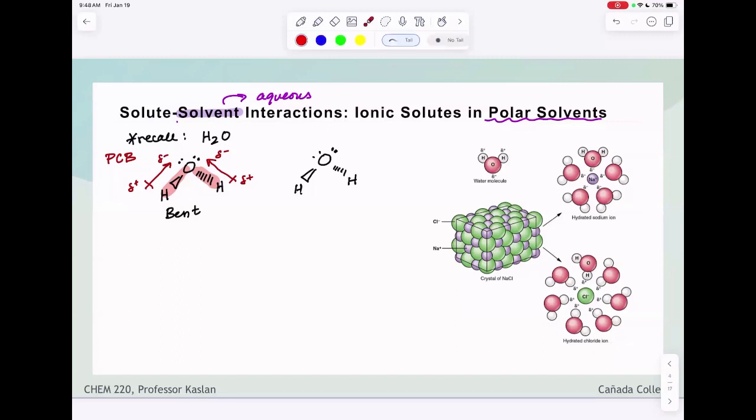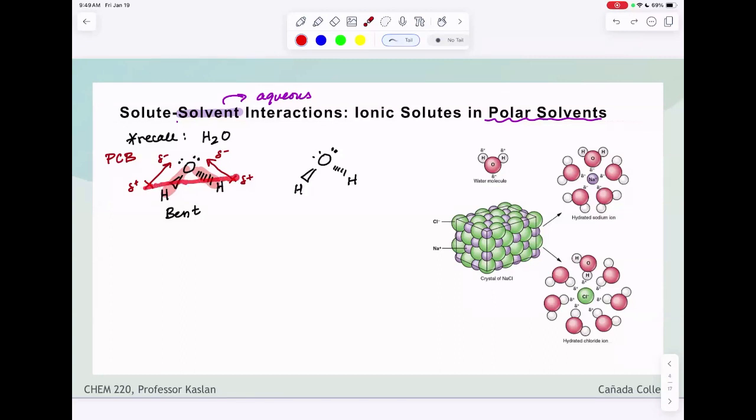Notice both of these dipole moments are pointing up. If I were to break these vectors up into their components, I would have some kind of upness for both of them. And the one on the left is pointing to the right, and the one on the right is pointing to the left.